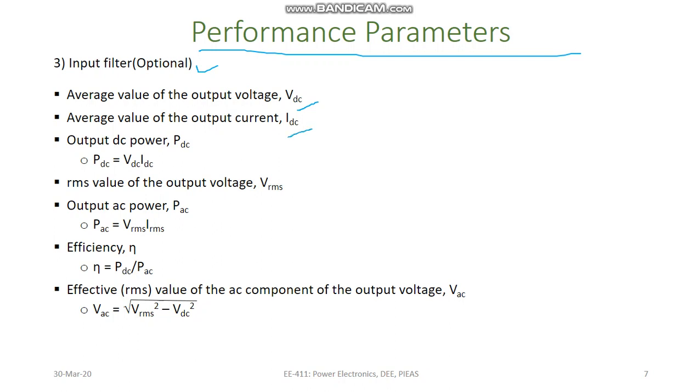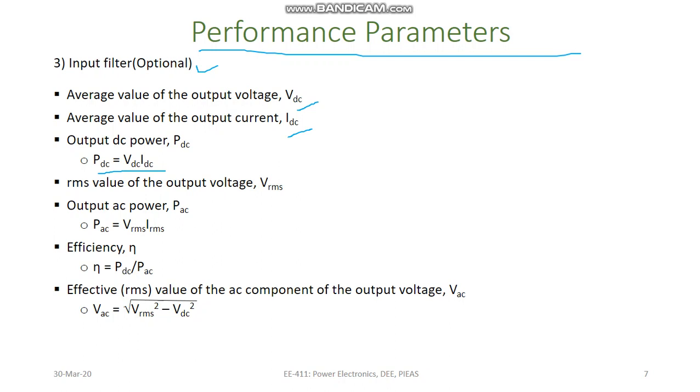We know that the DC value is the average value. So the output DC power will be equal to the average value of voltage multiplied by the average value of current, that is VDC and IDC.